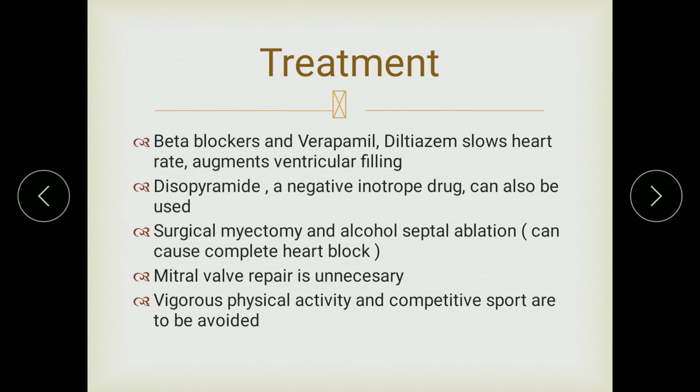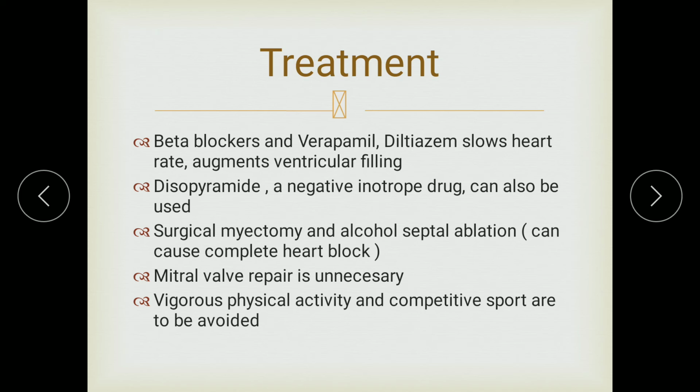Treatment: we have to limit the heart rate, which is the mainstay of treatment. Heart rate can be limited by beta blockers and calcium channel blockers, that too rate-limiting calcium channel blockers like verapamil and diltiazem. As the heart rate is slowed down, the period of ventricular diastole increases, thereby increasing ventricular filling. This filling will overcome the obstruction.